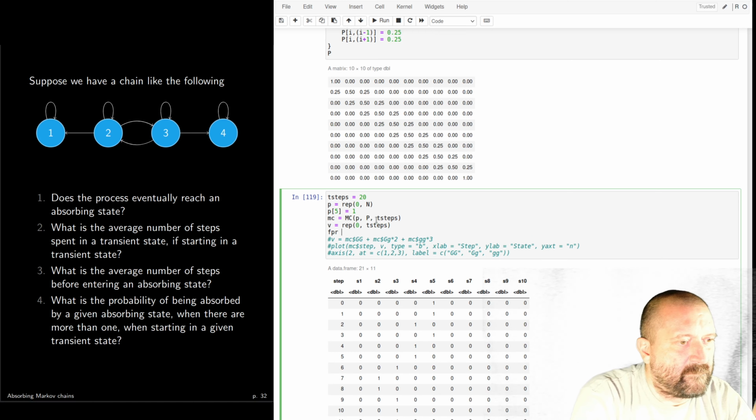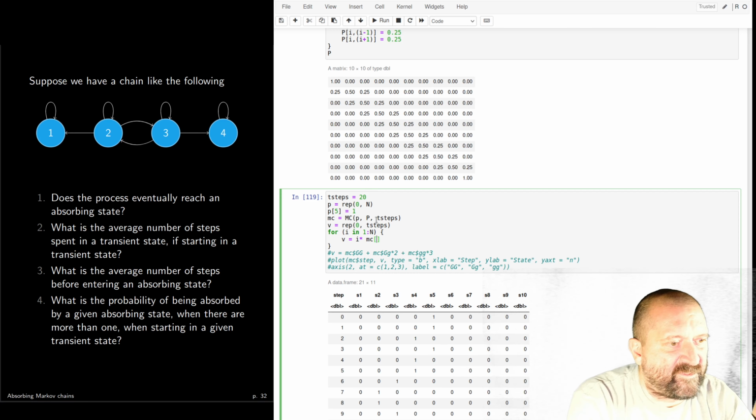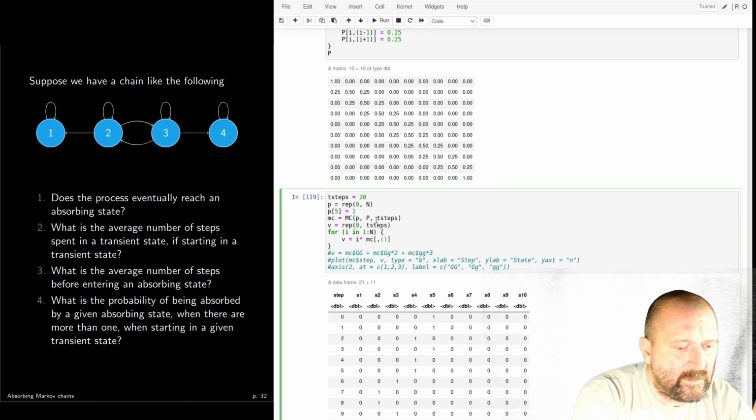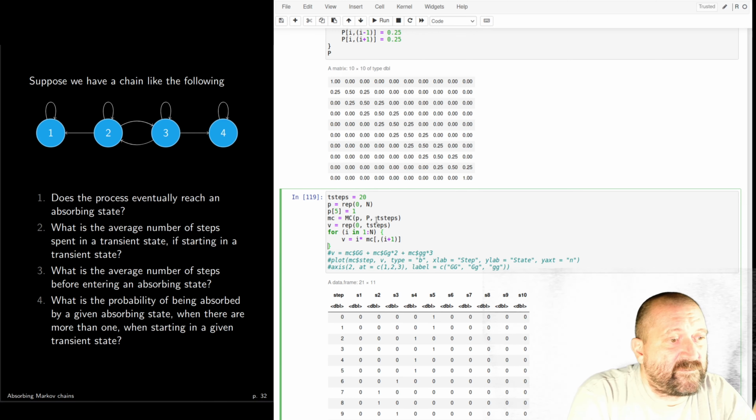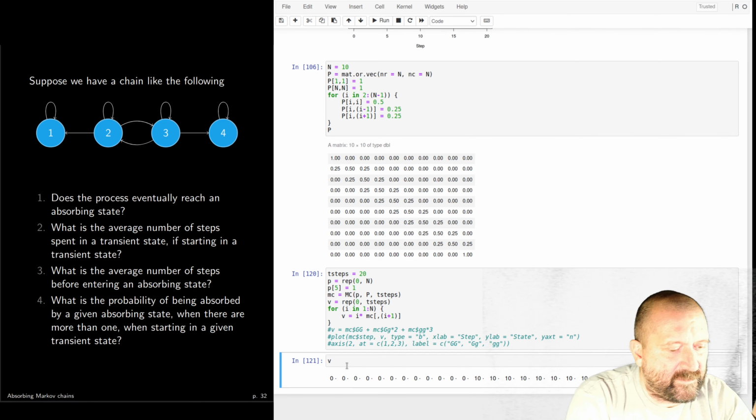And what I'm going to do is go for I in 1 to n. I am just going to say that V is equal to I times MC of, and I want the whole column, and the column that I want is I plus 1. Tentatively, this should work. Let's see what V is.